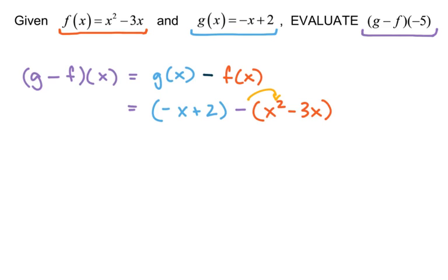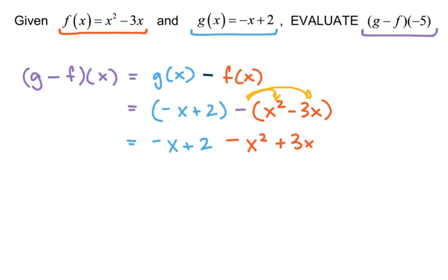And the reason that's important, especially in this problem, is because that minus is in front of all of f, all of x squared minus 3x. And what that indicates is that minus will need to distribute. So now I have, this is equal to negative x plus 2, minus x squared and plus 3x. So that second operation inside the parentheses here turned from a minus to a plus because negative is positive.